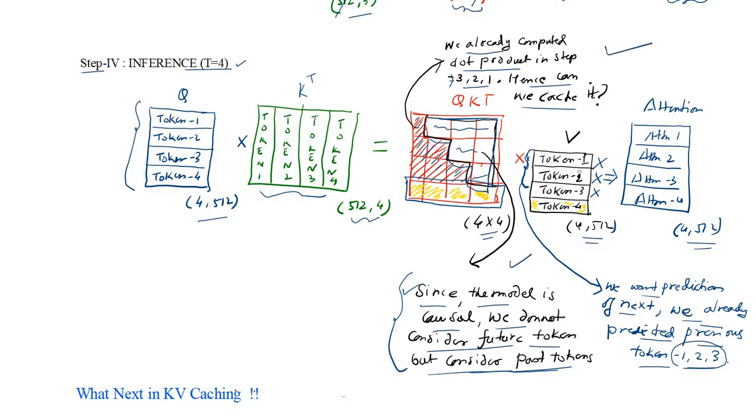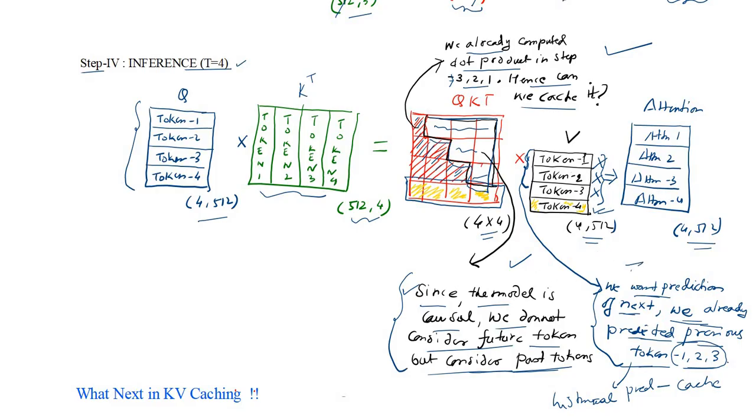Now, irrespective of this, if tokens 1, 2, 3 are already cached and we want to predict the next, we already predicted the previous tokens. So if we already have the historical predicted data, we can cache it, and the last token we can actually predict.